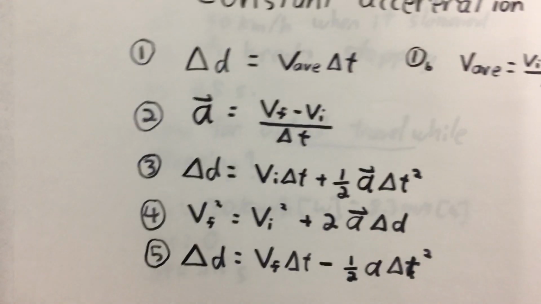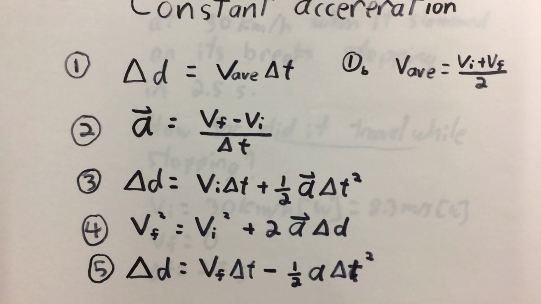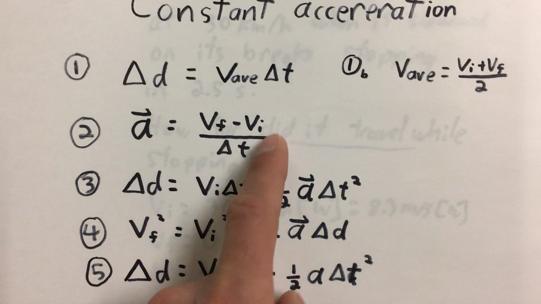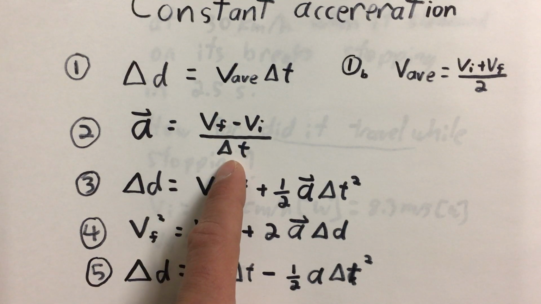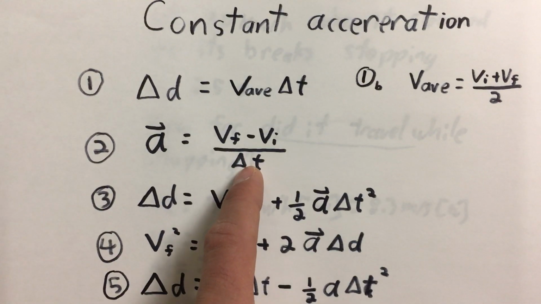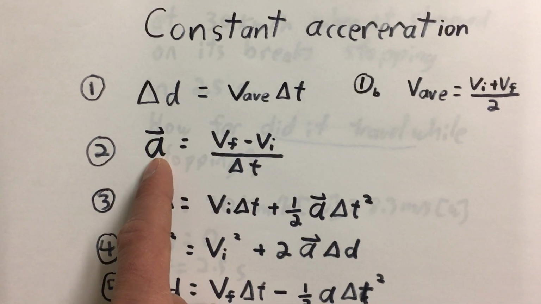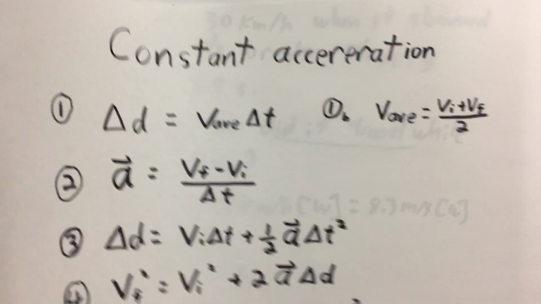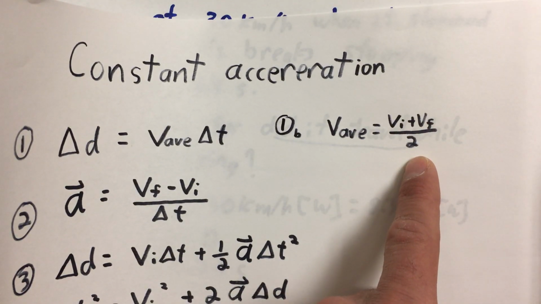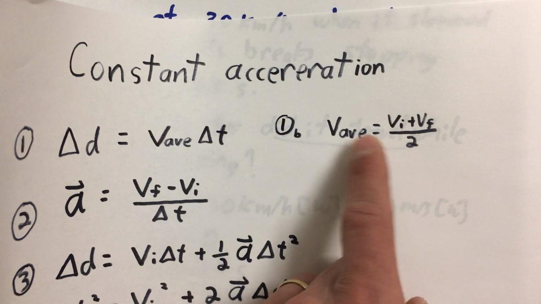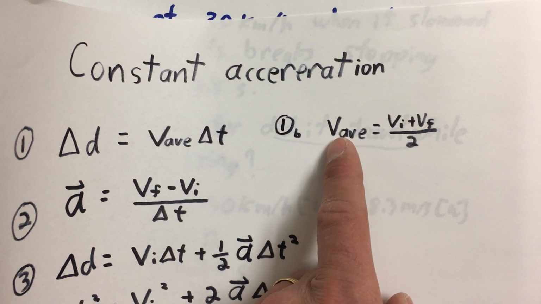Let's look at our list of equations here. We've got initial velocity, final velocity, time. We can find acceleration. However, we can also find with initial and final velocity, and we're assuming we have constant acceleration for all of these, we can find the average velocity.